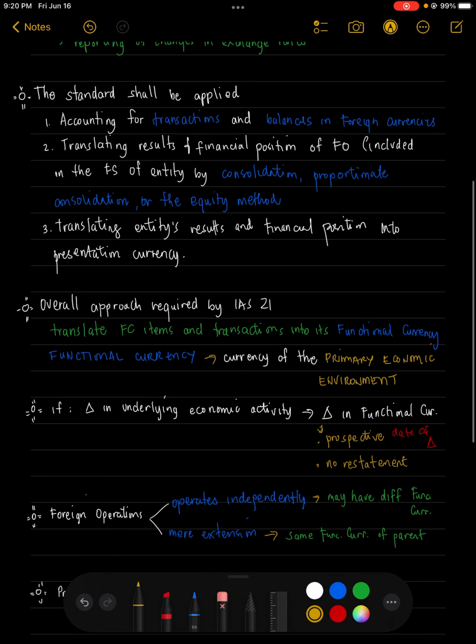Now, posible bang mabago yung economic activity?